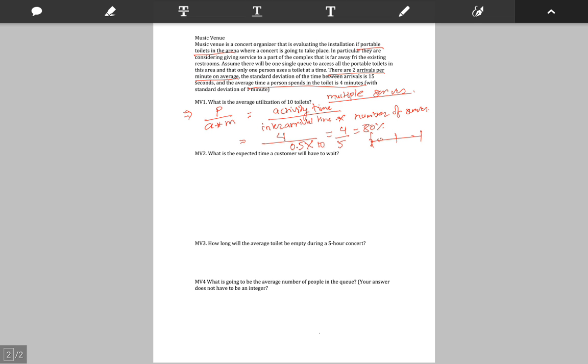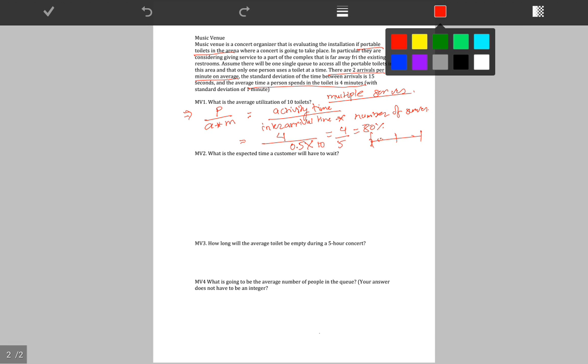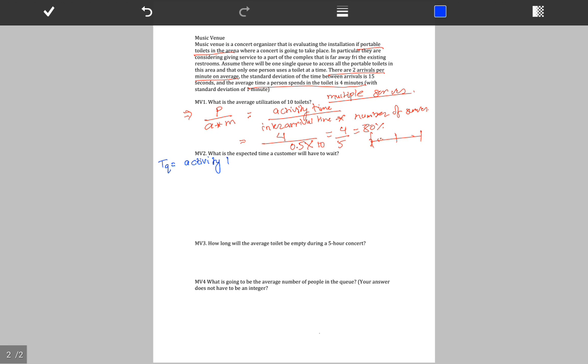Well, the next question is, what is the expected time a customer will have to wait? That is again the Tq, but the formula is a little different here. We use the more comprehensive Tq formula for multiple servers. Let me write it in words rather than just symbols, so you have something to refer to.